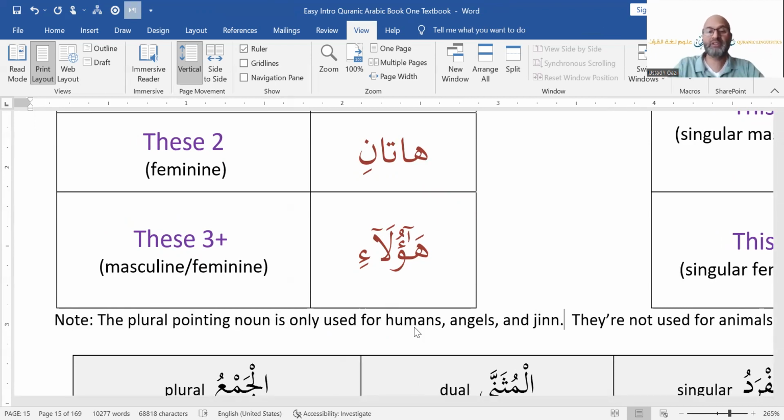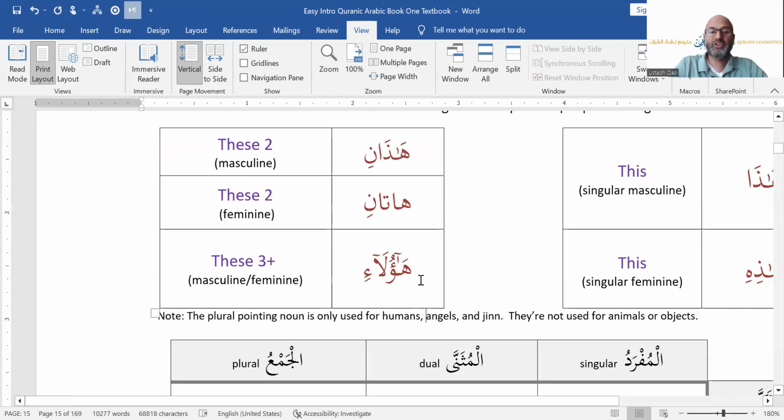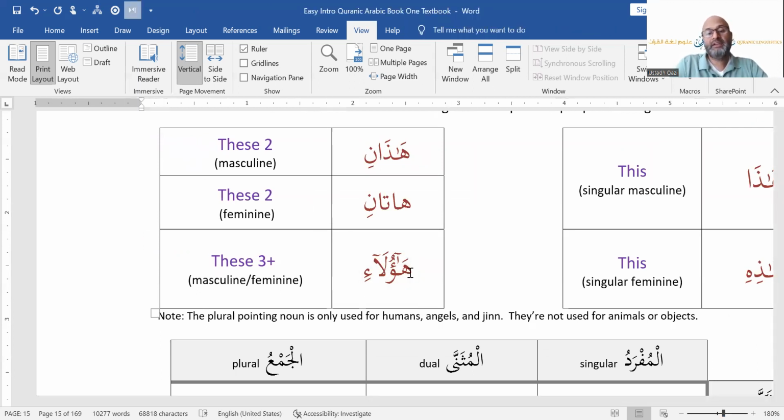We'll talk about it in chapter 3. Just a short answer is that you use hadhihi, singular feminine, for animals and things that are in plural. So if you have three or more humans, angels, or jinn, you use ha'ula'i. And if it's animals or objects, three or more, you go with hadhihi. And we'll talk more about that in chapter 3.